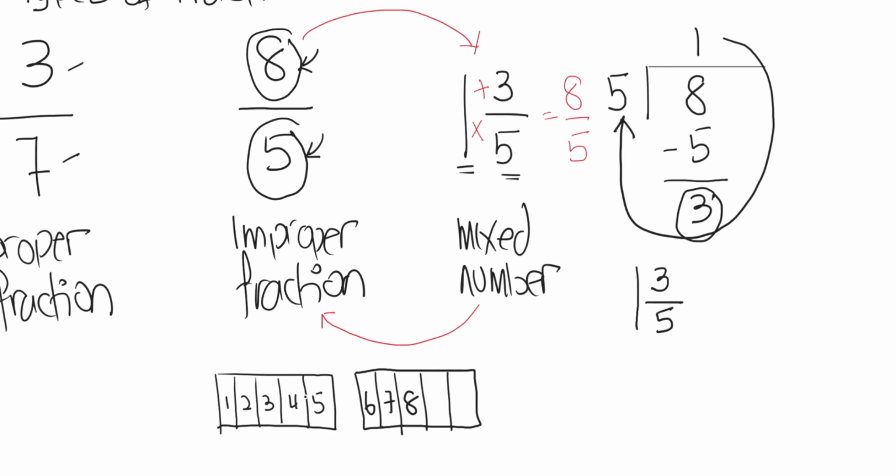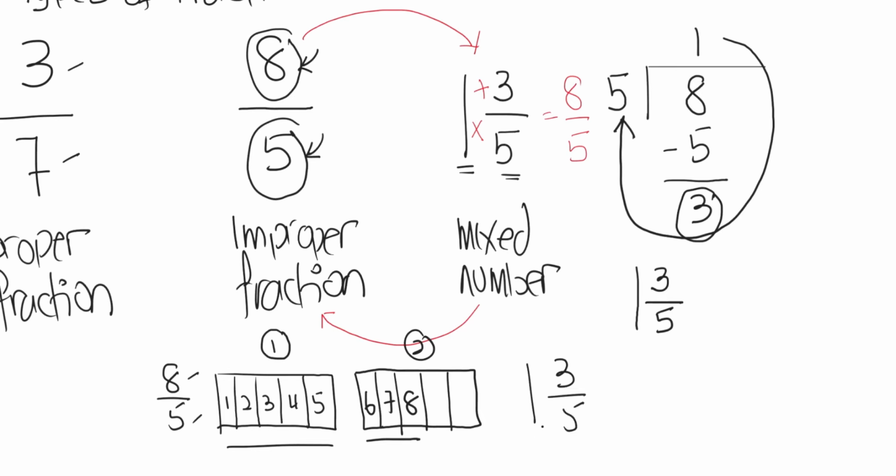Now, this is represented by 8 over 5. That means I get 8 parts from two cakes that have been divided into 5 equal parts each. Make sense? I have the first cake which has been divided into 5 equal parts and I got all 5 parts. I've got the second cake which has been divided into 5 equal parts as well and I get 3 parts from there. So that represents 8 over 5. Now how does this convert to a mixed number?